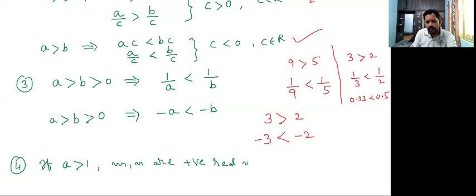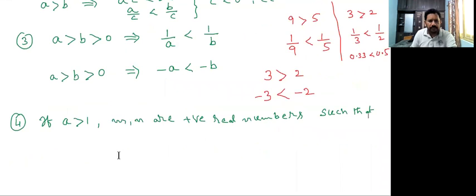Positive real numbers m, n such that, first point: if m is greater than n, and a is greater than 1, you will get a to the power m is greater than a to the power n.